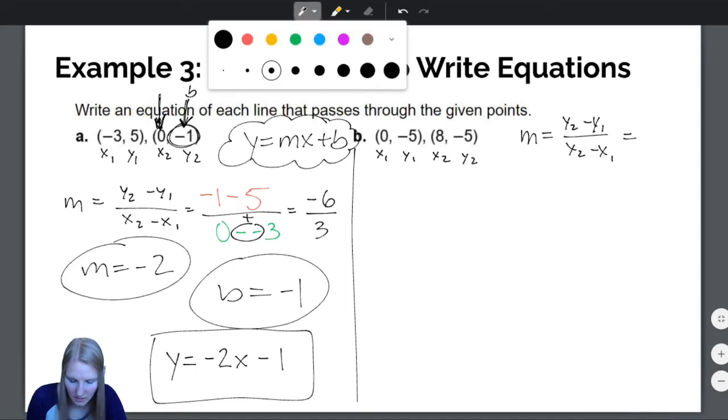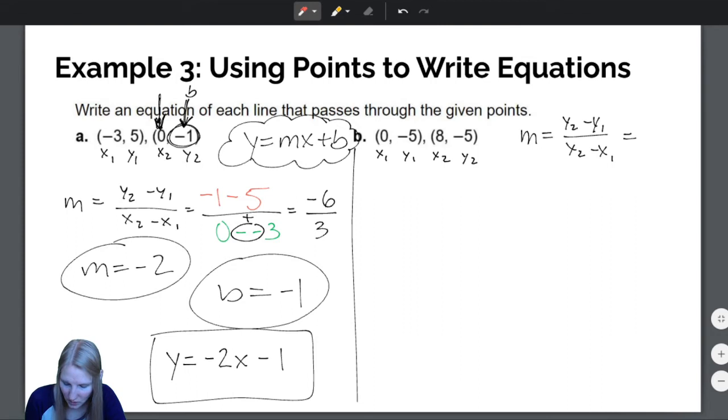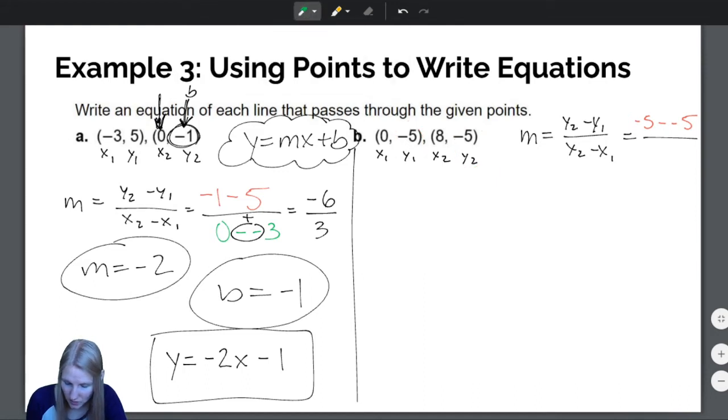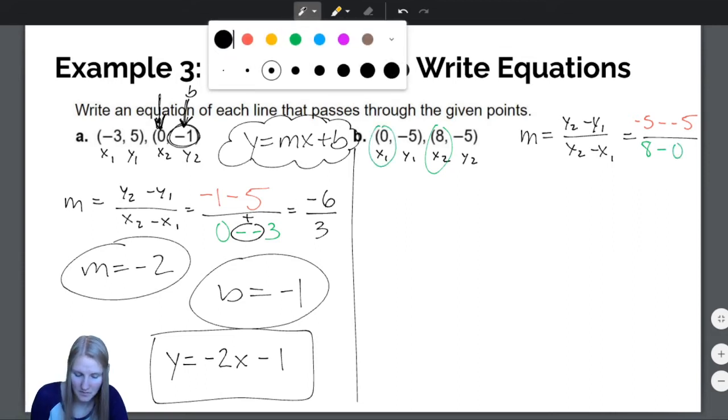All right. y2 is -5 minus y1, which is -5, over x2, which is 8, minus x1, which is 0.